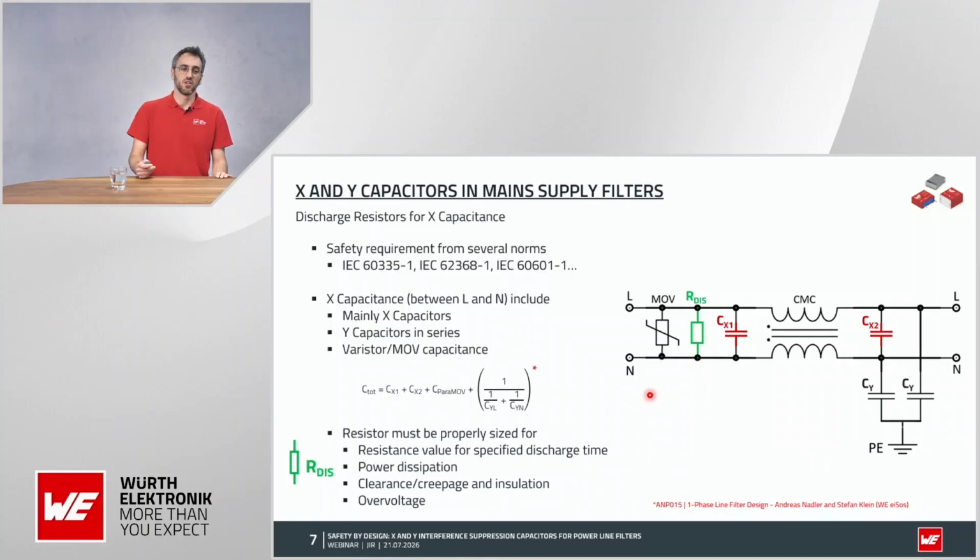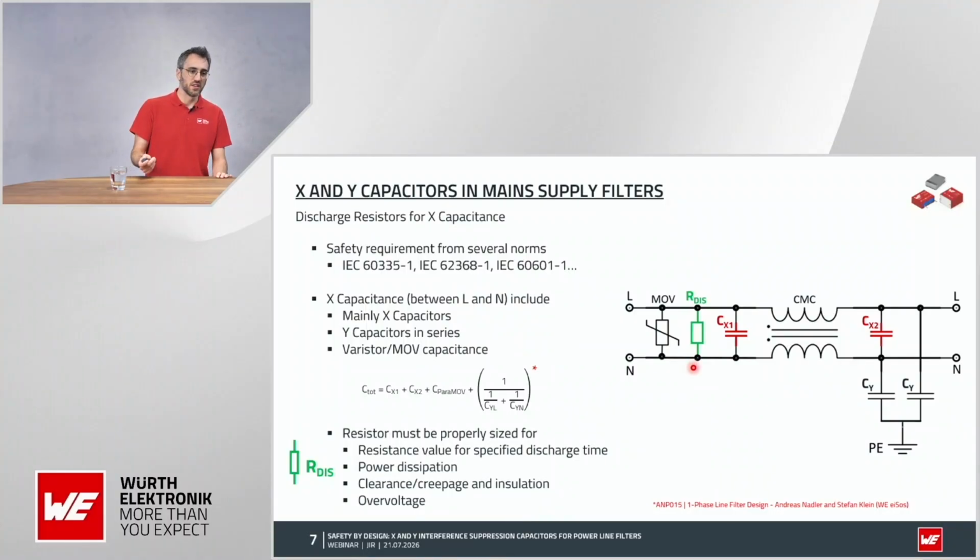So there is also regulation in the equipment norms, like these examples, but there are others, that we discharge the X capacitors quite fast. So we require this discharge or bleeding resistor.